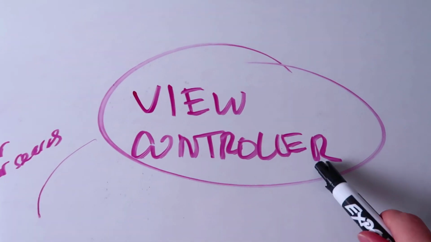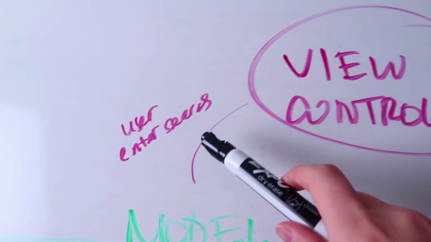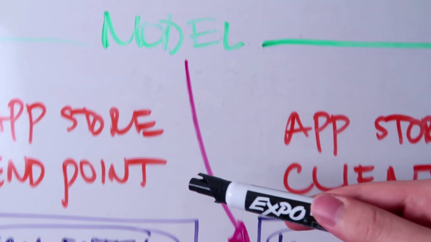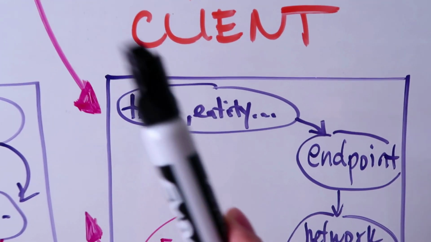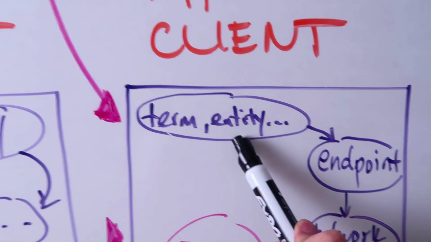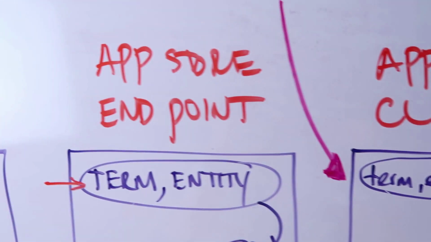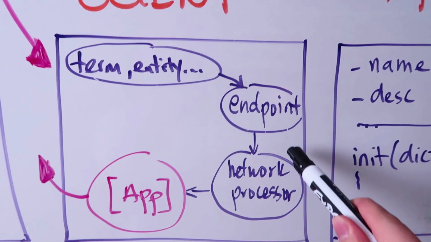So we have the view controller, for example, one that will search up things. The user enters some text, for example Iron Man, and it uses this App Store client with some term, some entity, Iron Man, movie. It will use an endpoint, right? It will have an instance of the App Store endpoint and construct the URL.